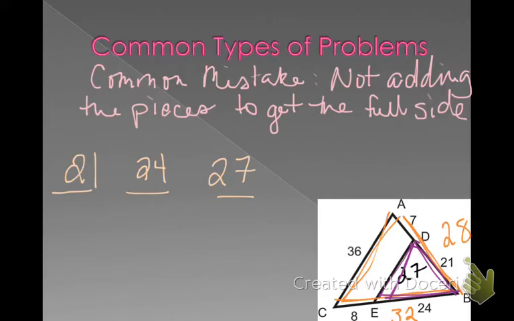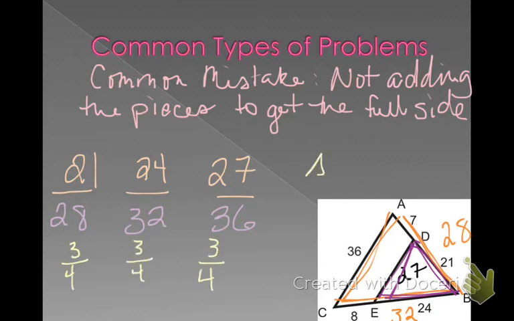Now I'm going to do the larger triangle. So now my colors are backwards, sorry. We have our smallest side is 28, and then 32, and then 36. And since all of these reduce down to 3/4, then we can say triangle ABC is similar to triangle DBE.